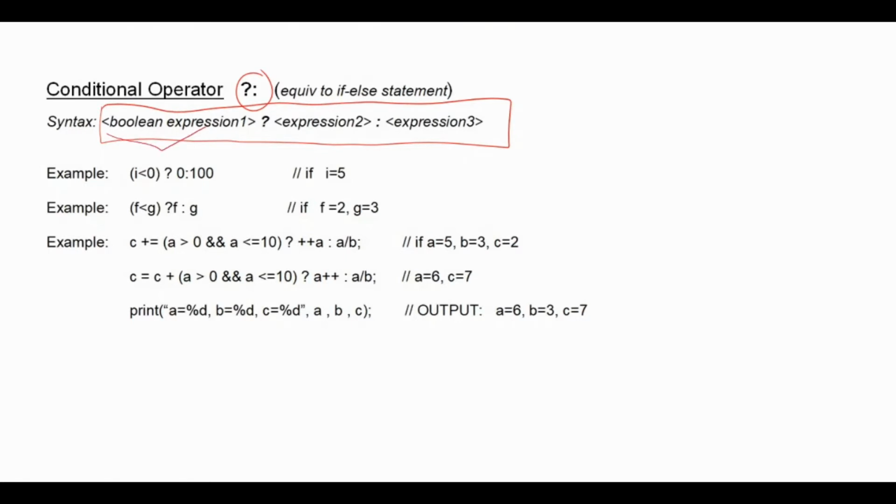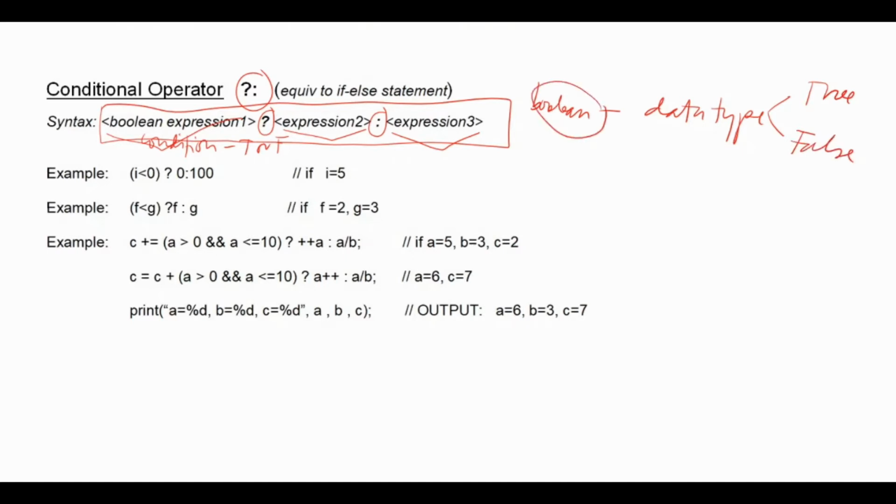First part is the Boolean expression, followed by the question mark symbol, another expression, and then the colon, and the third expression. The Boolean expression is a condition that has a true or false value. Boolean is actually a data type with only two values, and these two values are true and false. And this part here is expression 2 and expression 3.